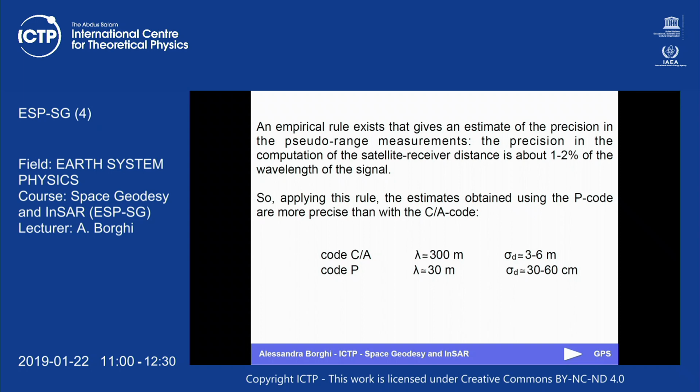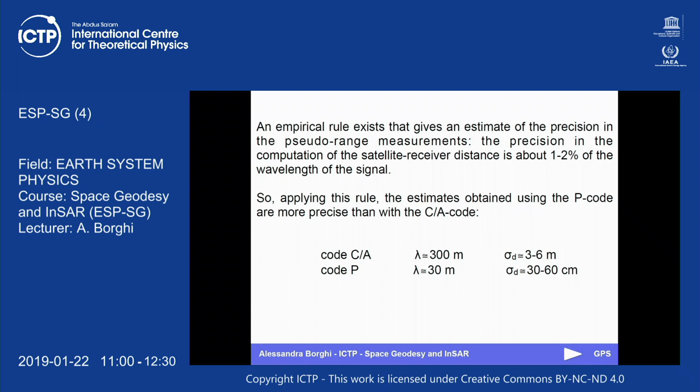So if we use this code C/A, coarse acquisition, that has a wavelength of 300 meters, we have a standard theoretical precision of at least 3–6 meters. With the code that uses a wavelength of 30 meters, we have a precision of 30–60 centimeters. So these are theoretical values.